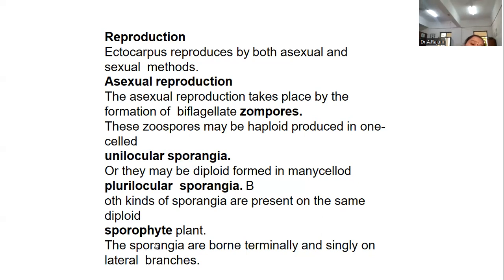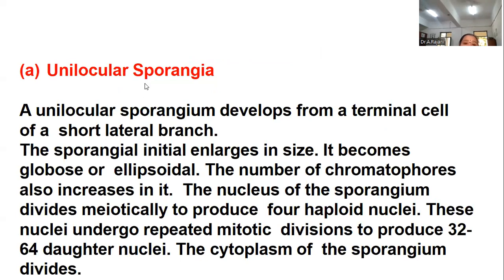The sporangia are borne on terminal and single lateral branches. What is the unilocular? Unilocular sporangia develop from terminal cells of short lateral branches. Okay? In the projecting system, the short lateral branches form the unilocular sporangia.